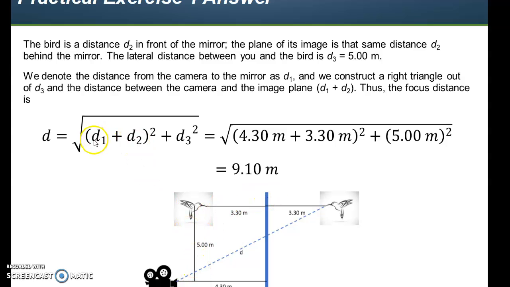So it's d1 plus d2 squared plus d3 squared, and all of that the square root. These are the different distances: this is your d2 right here, this is your d1 distance up here, and then you've got this other distance d3, right here.